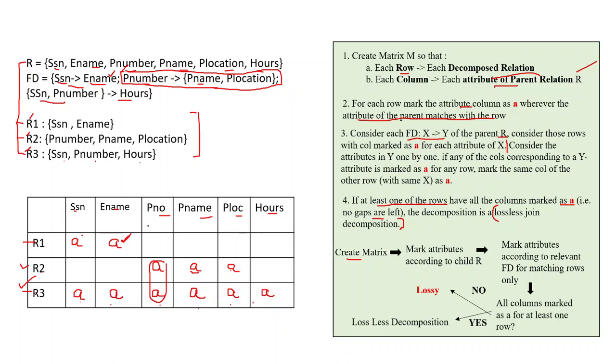So whenever the X attributes matched, we considered only those sub-relations, and we have marked the attributes accordingly. And if all the columns were marked as A for at least one row, we concluded that this is a lossless decomposition, otherwise it's a lossy decomposition.